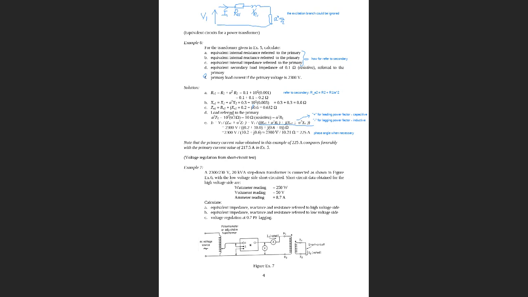Okay, so example 6 actually is a continuation of example 5. Basically, try to draw your attention to how to use the equivalent internal impedance concepts in practice to estimate the input current and input voltage required.